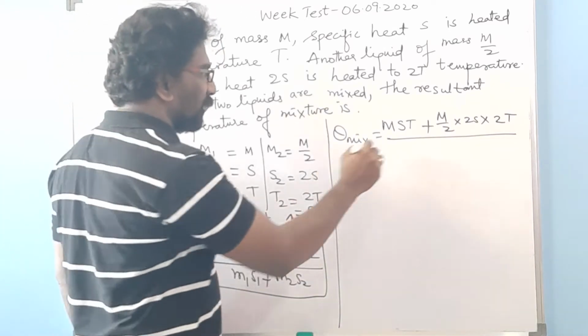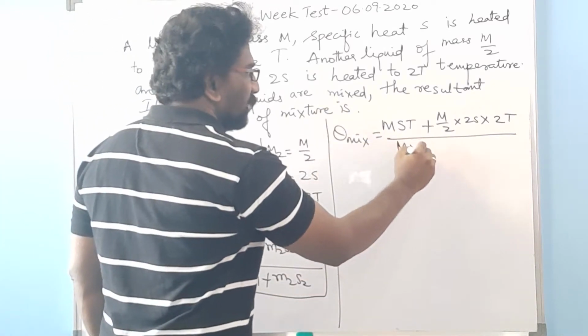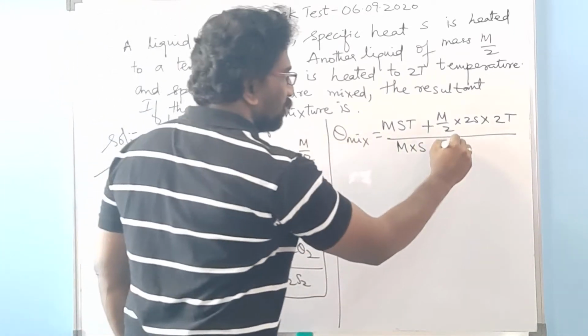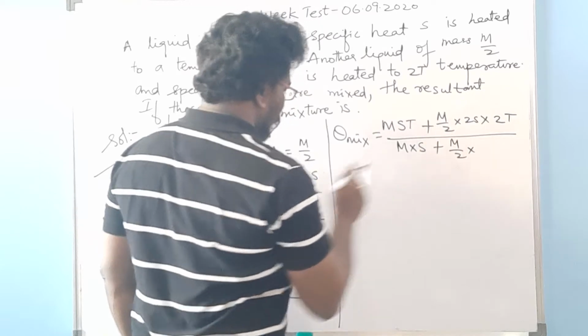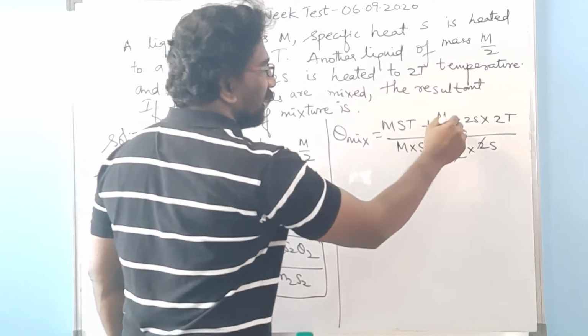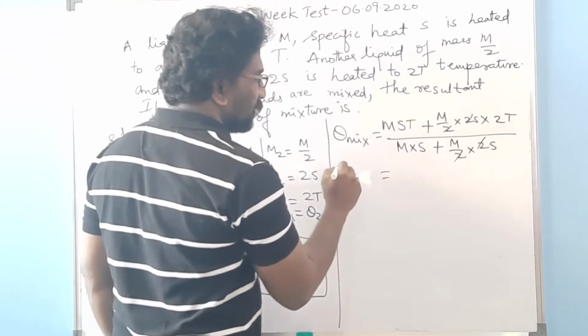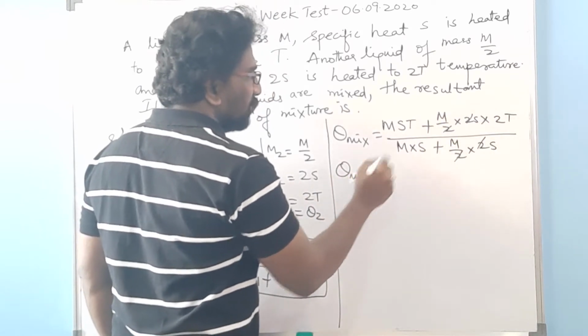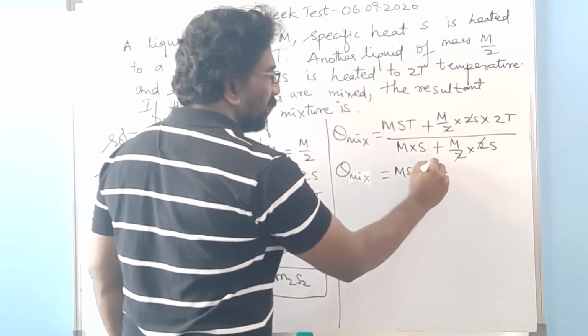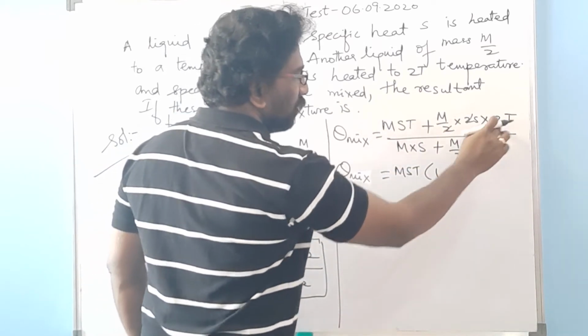So the denominator is m1 s1, what is m1? M into s, plus m2 which is m by 2, into s2 which is 2s. You can see 2 and 2 will get cancelled here. So now theta mix is equal to, you can take the common ms t in the numerator. If you take the common, it becomes 1 plus 2.